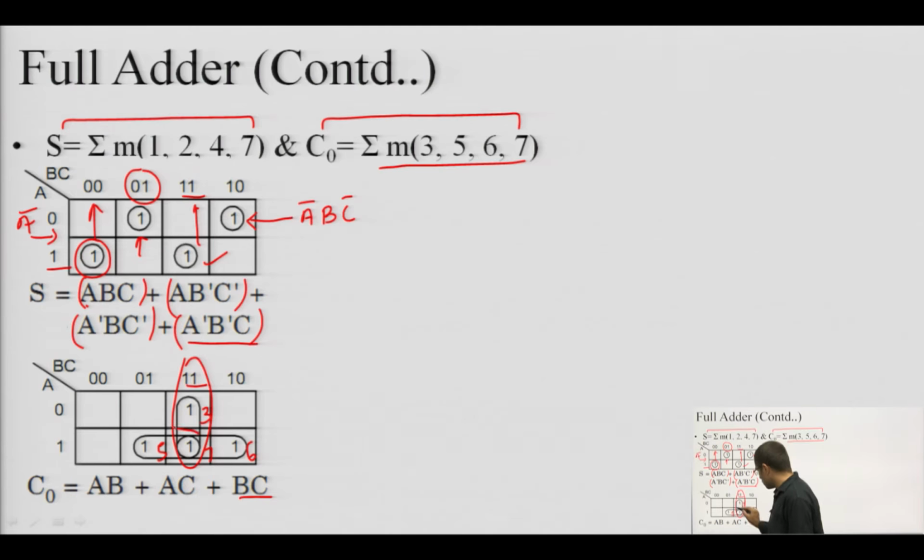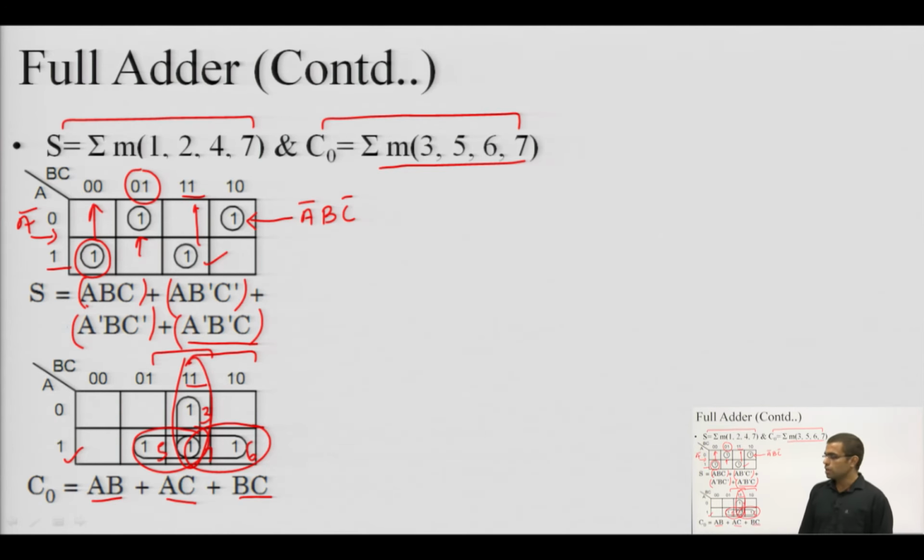Similarly, for this one A is common from here and 1 from these two, that means A C. Similarly, for this one A is common from row side and 1 from these last two columns where we have B. So, this prepares A B. So, these are the products which are being generated from these K maps. These products are being added together to prepare the carry.